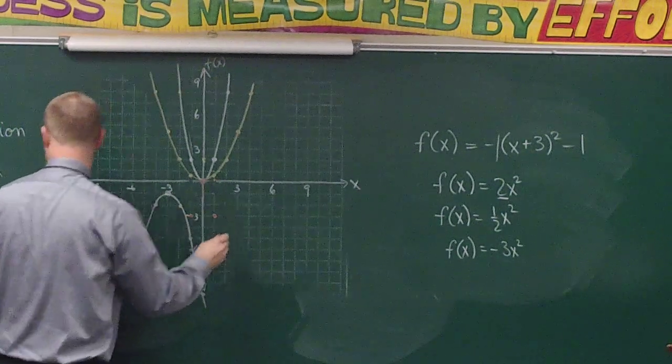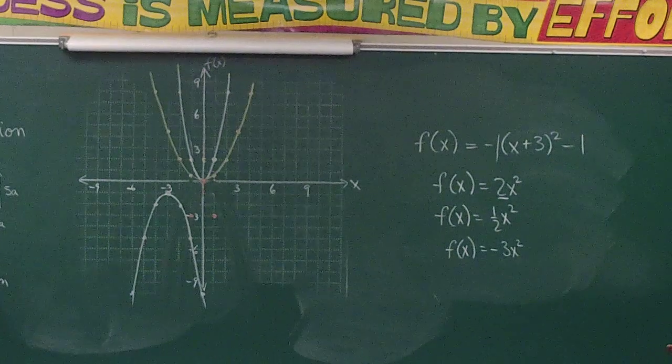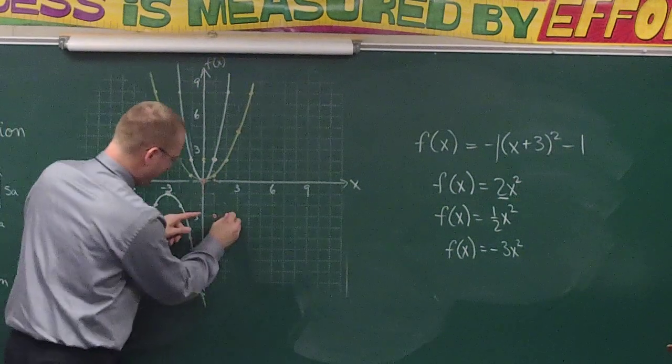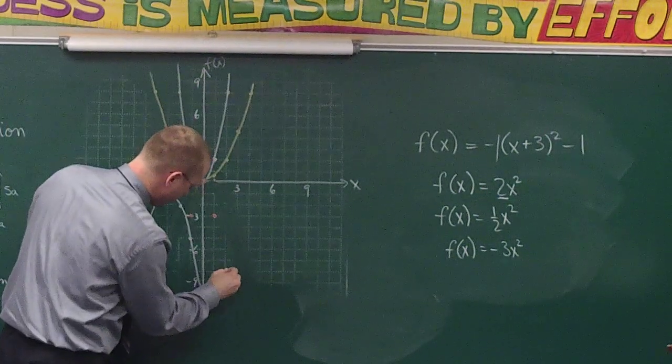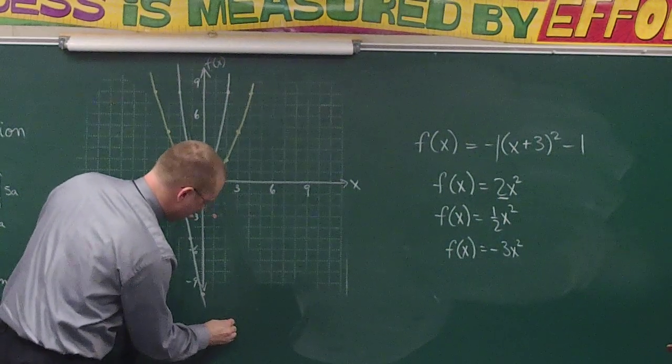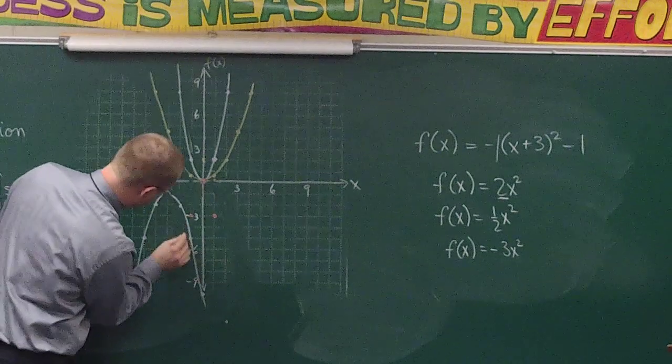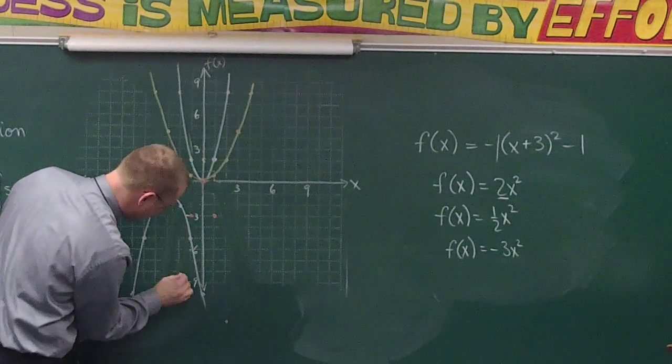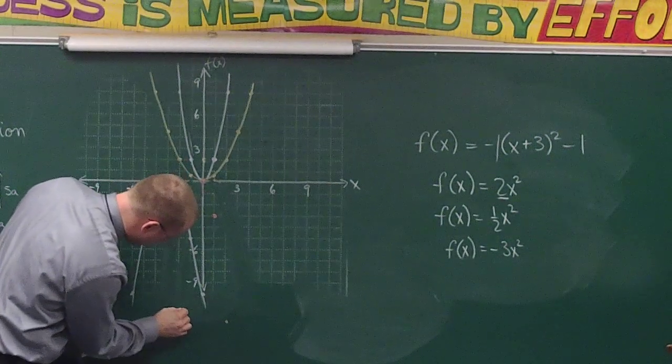And then I'm going to go over 1, down 9. Over 1, down 1, 2, 3, 4, 5, 6, 7, that should be 8-ish, 9-ish.